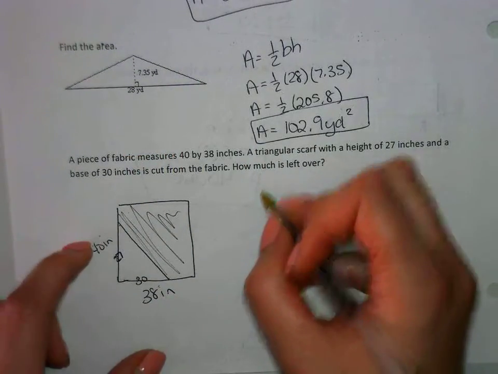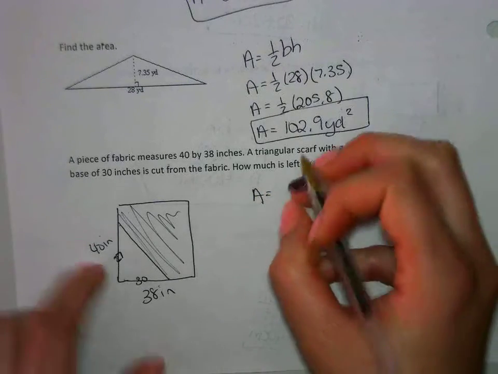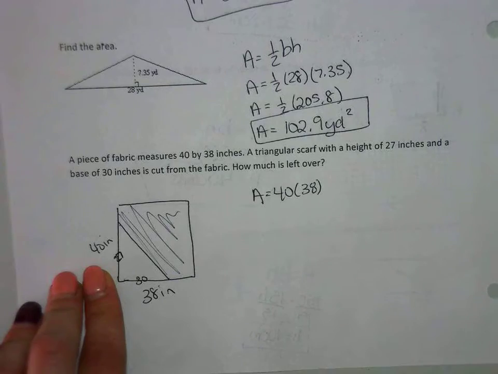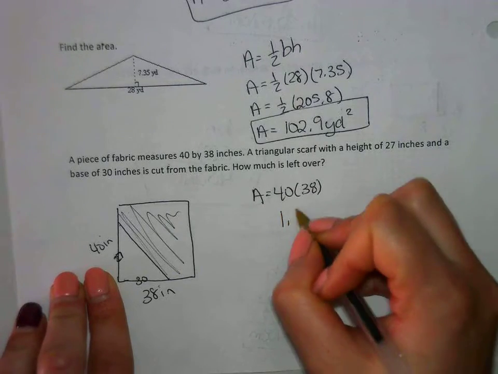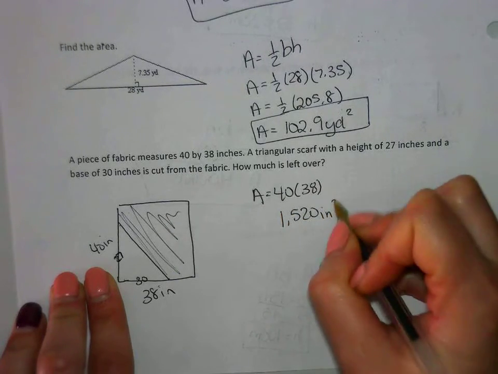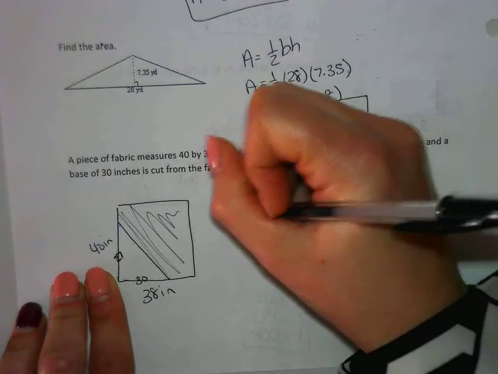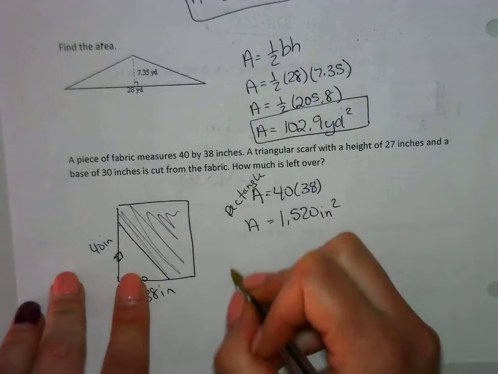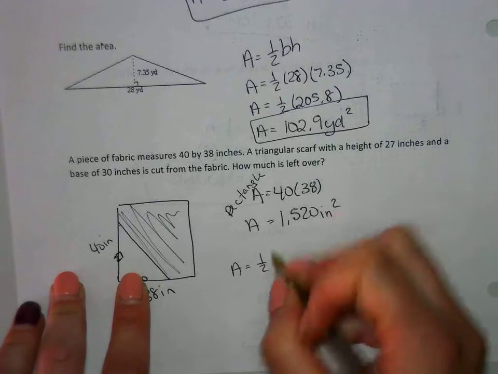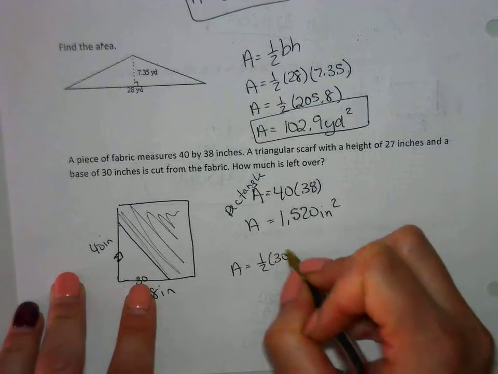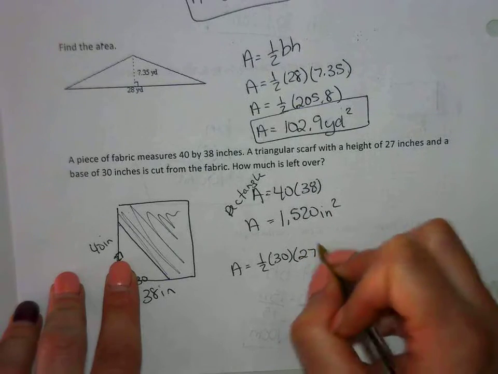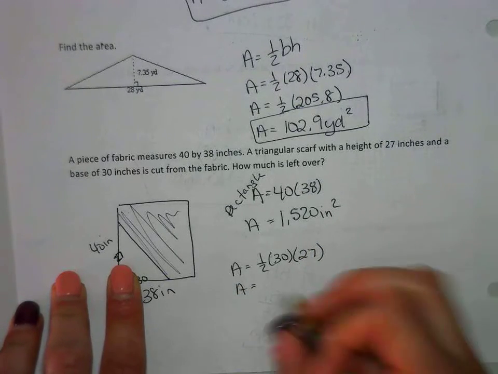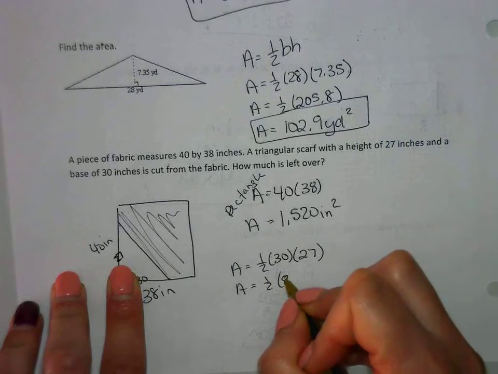Well, first of all, the area of our rectangle is 40 times 38. 40 times 38 is 1,520 inches squared. So this is for the rectangle. To find the area of our triangle, the area is 1/2 times our base, which is 30, times our height, which is 27. So 30 times 27 is 810.